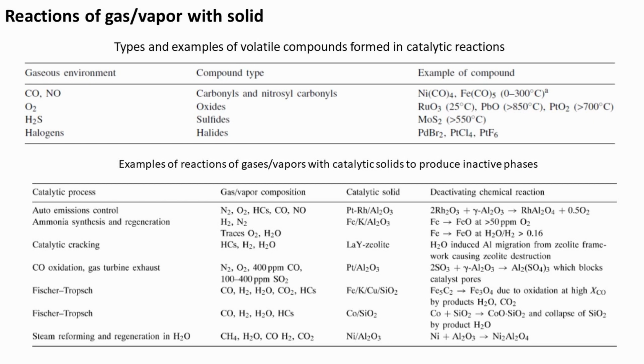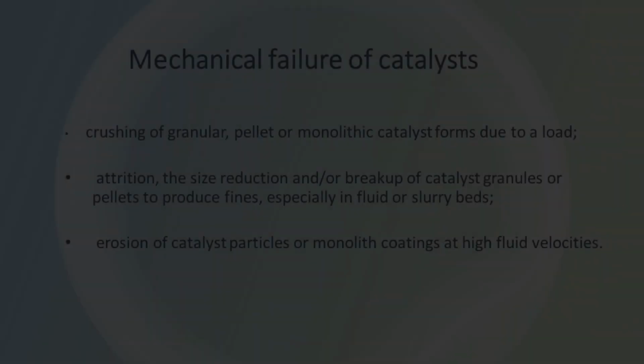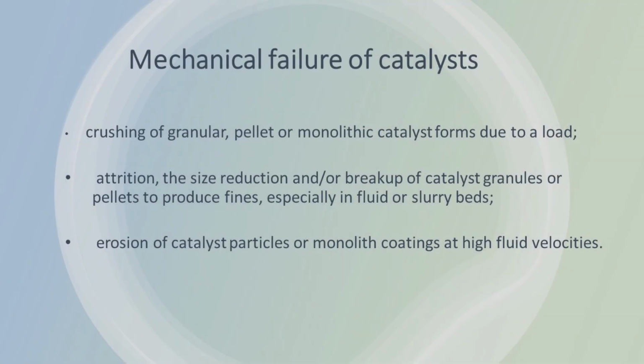Examples of vapor-induced chemical transformation of catalyst to inactive phase are listed in another table on this slide. Failure of catalyst is observed in several different forms, including crushing of granules, pellets or monoliths due to a load.